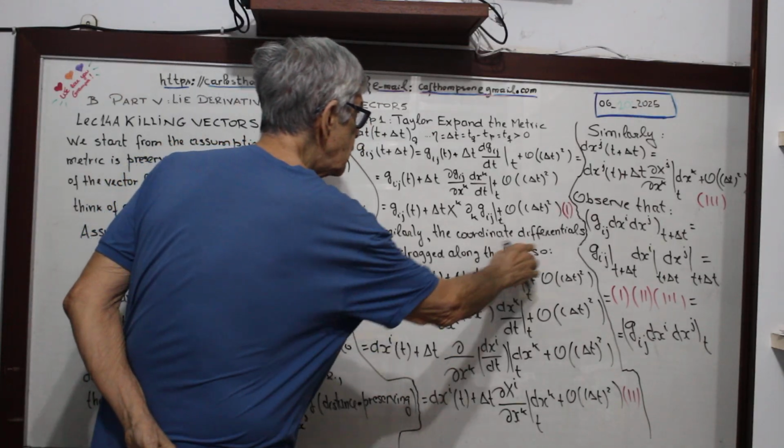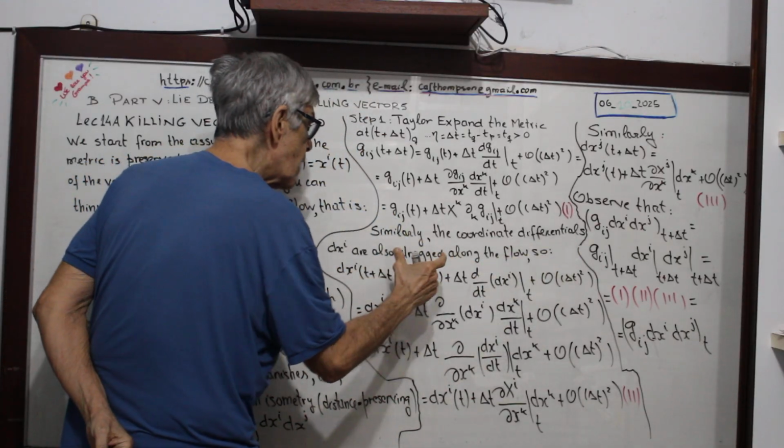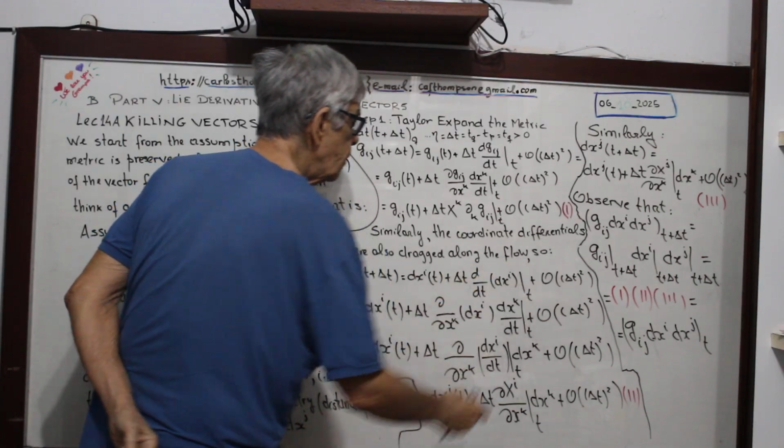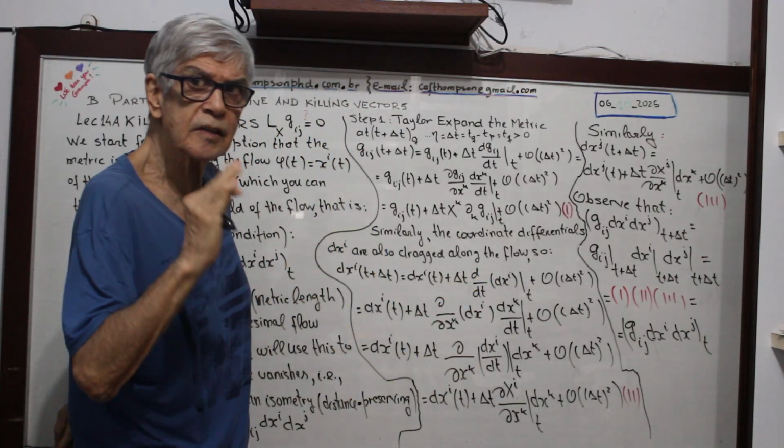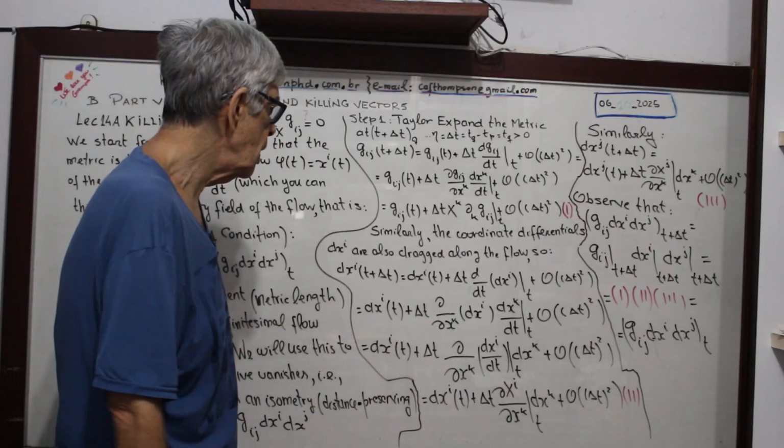Similarly, the coordinate differentials dx^i are also dragged along the flow. The flow, remember, is capital X, the tangent vector.